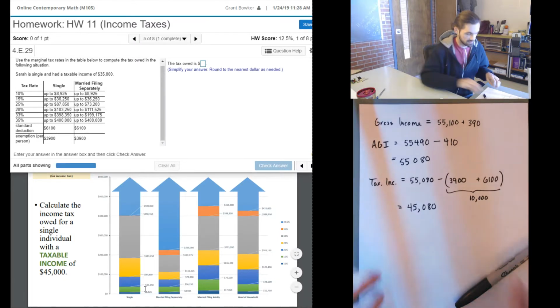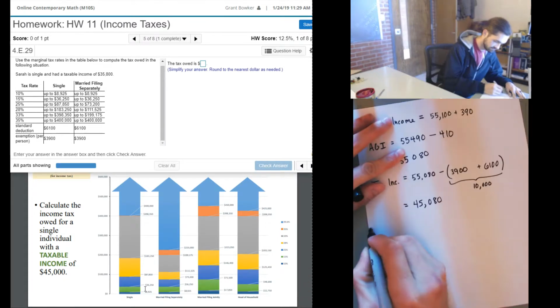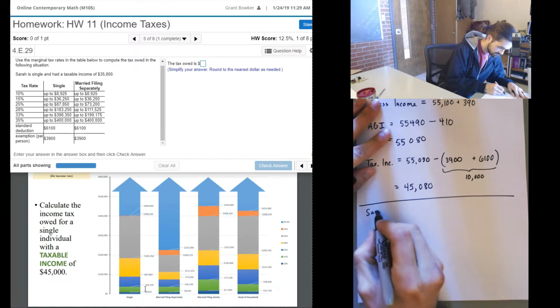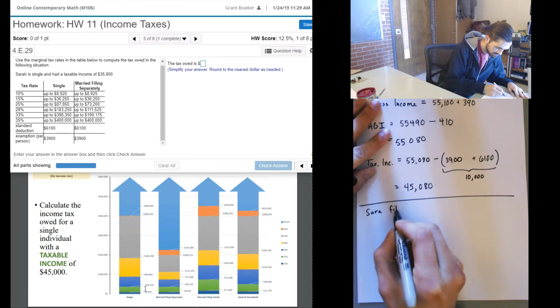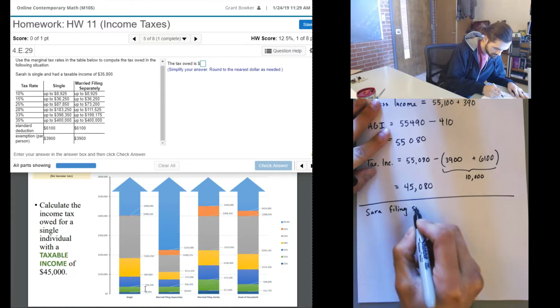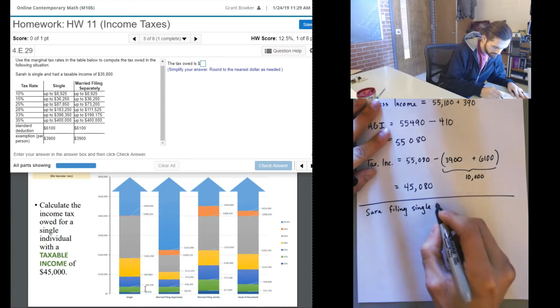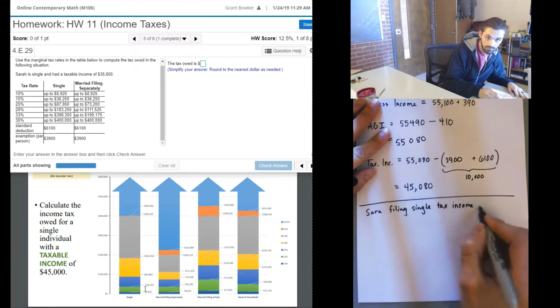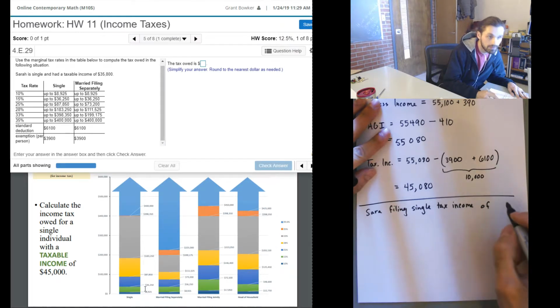So let's go ahead and take a look at this. So Sarah, filing single. She has a taxable income of $35,800.